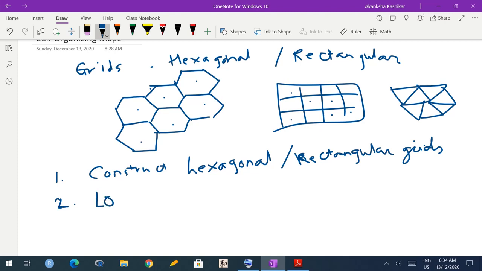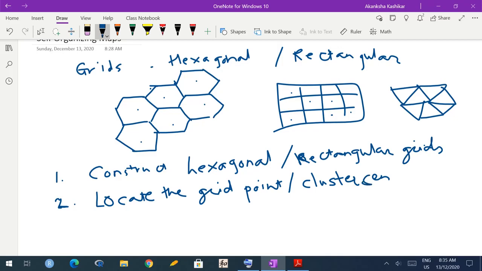Then locate the grid point, which is also known as the cluster center, closest to every object or observation.